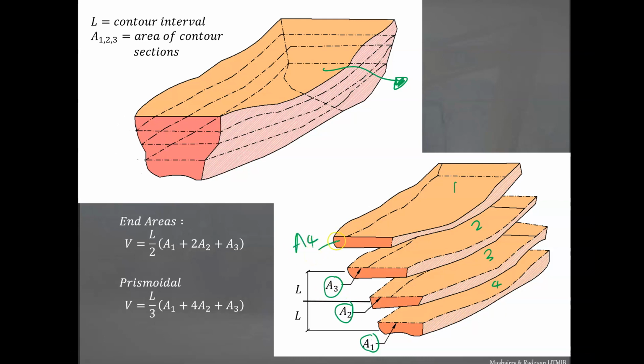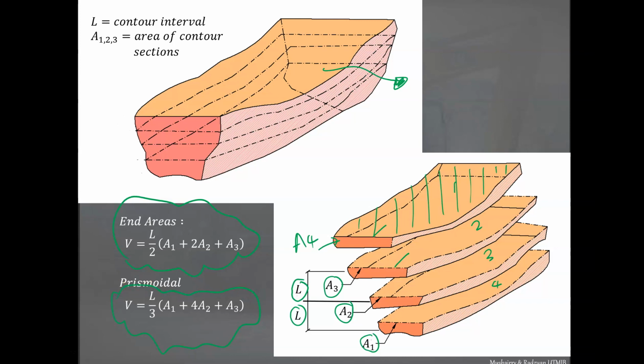Okay, so A4 represents the cross-sectional area for that particular contour. A3 will be for that contour, and so forth. So let the areas be given by A1 to A4, the area of the contour line at each level, and if the interval is L, then we can use either the n areas method or the prismoidal method.